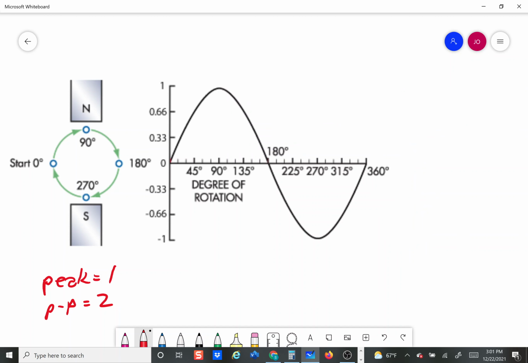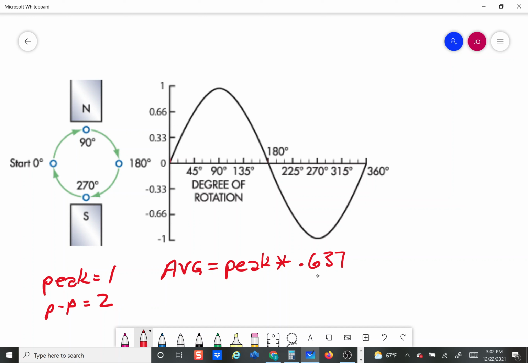Okay. Now, there is something called the average voltage. The average voltage we can find by taking our peak value and multiplying it by the value of 0.637. Now, if you don't want to memorize the value of 0.637, that's fine.